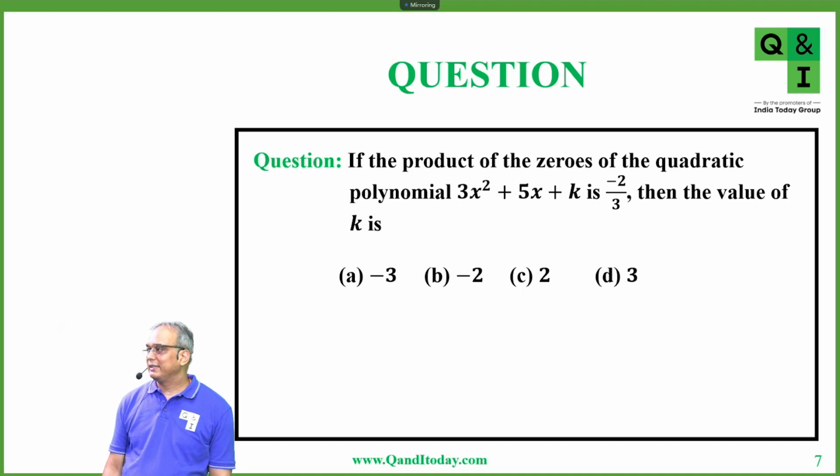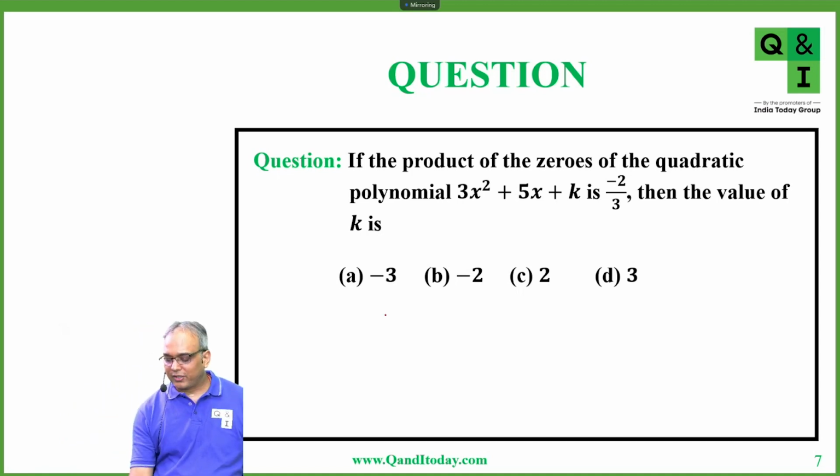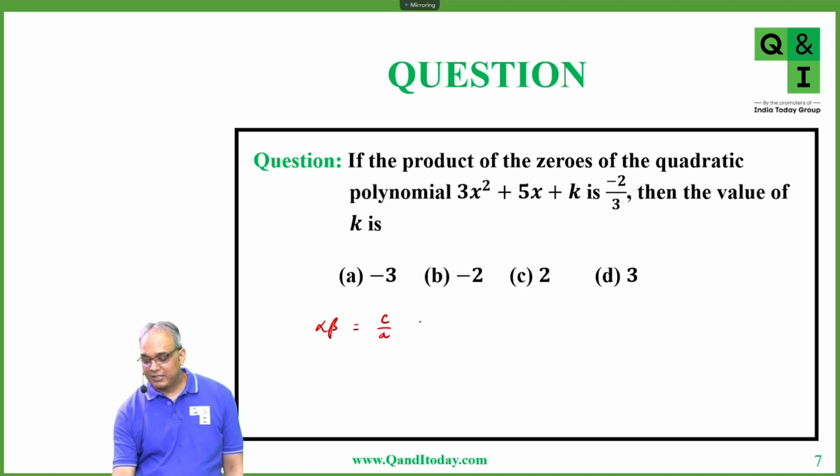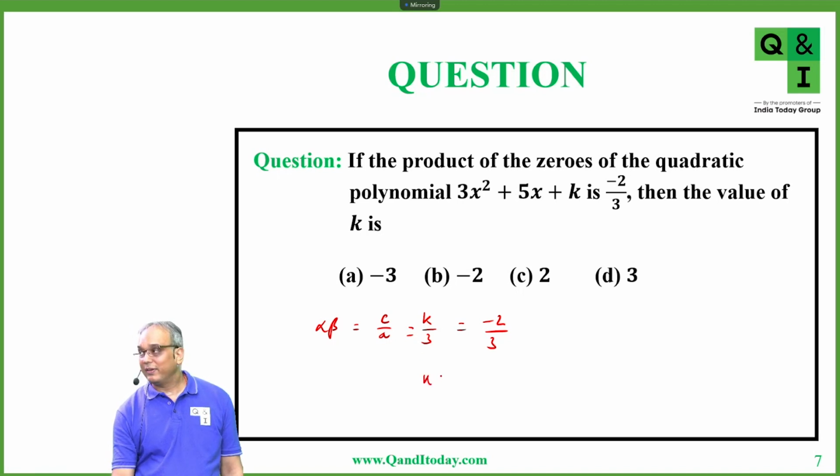Yes, correct, Rahul. It is option B. Raghavi, yes. The product of zeros of a quadratic polynomial is c by a, which is equal to k over 3, and that is minus 2 by 3. So when you equate it and solve, you will get the value of k as minus 2.